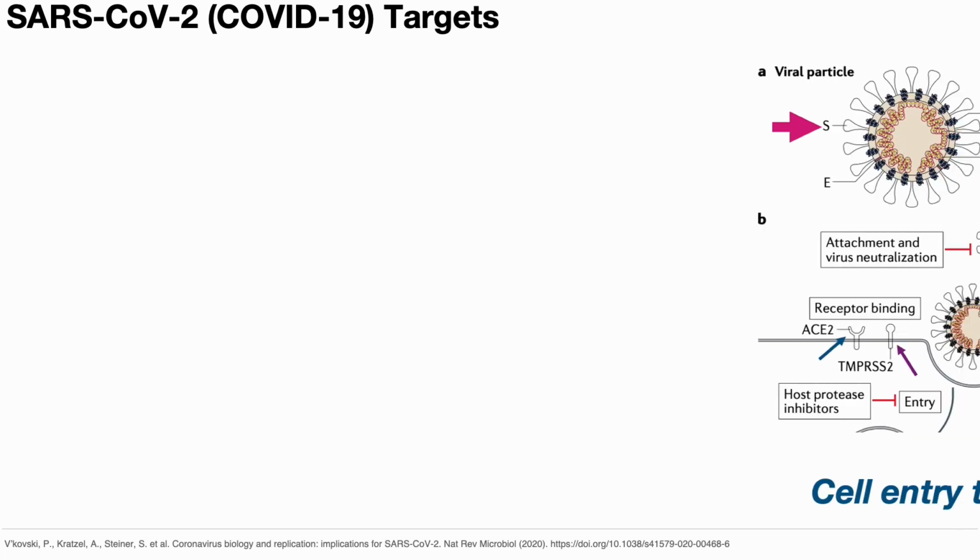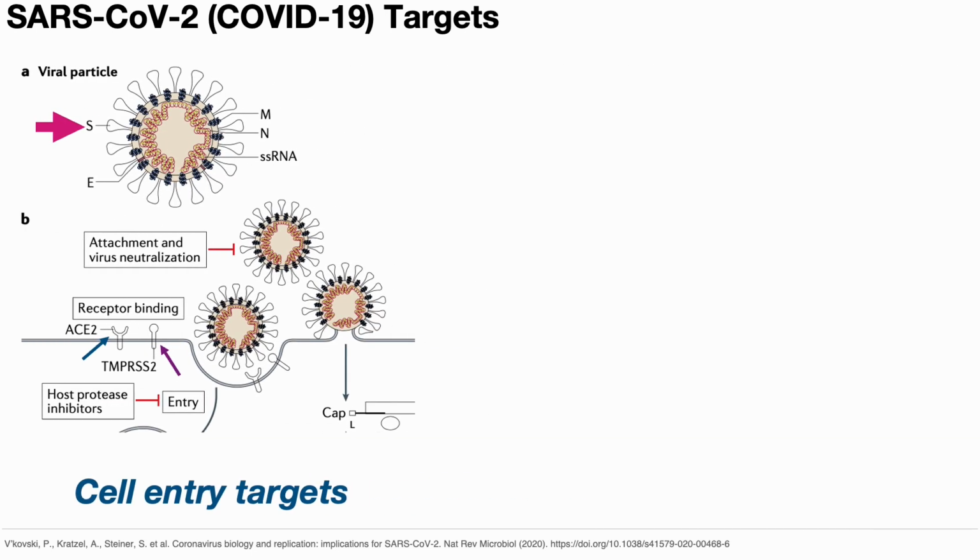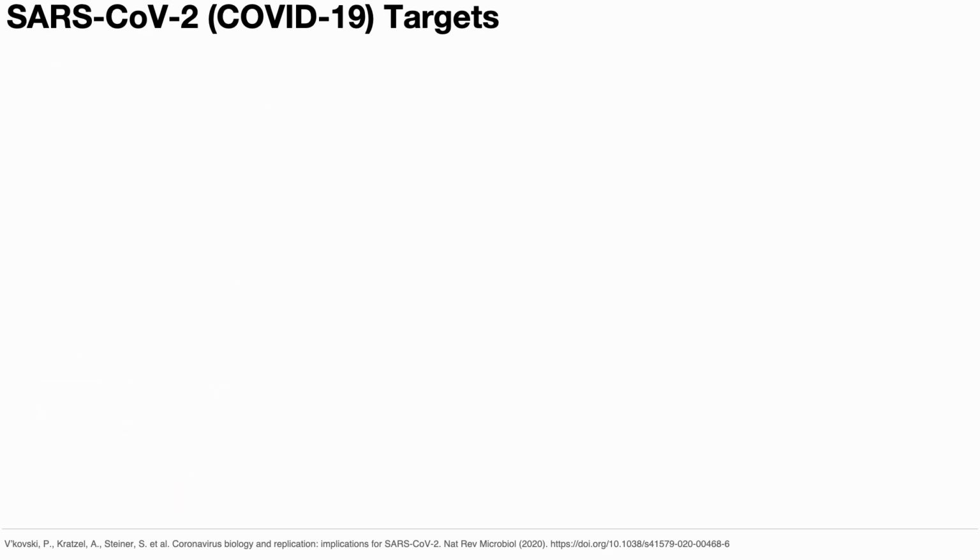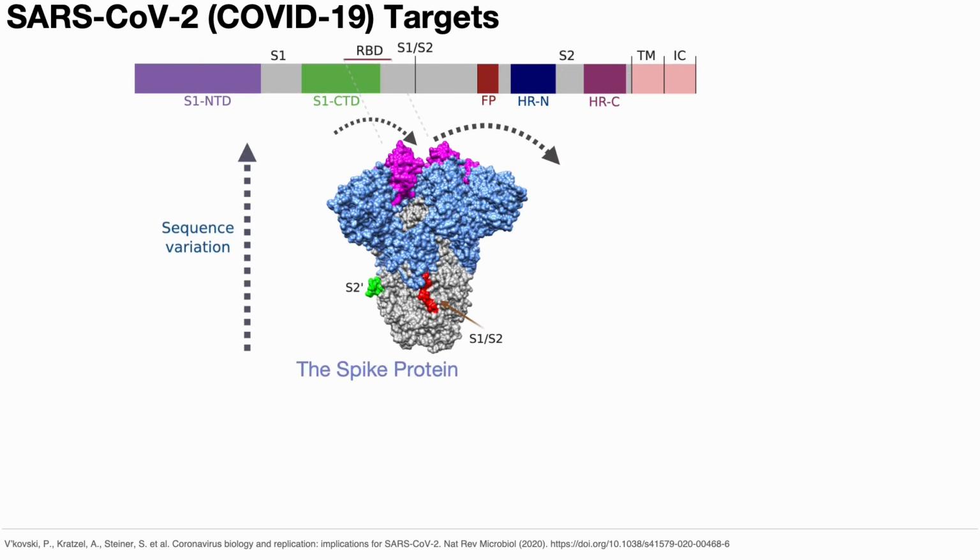In this work, we focus on the spike protein, which is responsible for interacting with the human ACE2 receptor and allows the virus to enter the cell. This spike protein presents an RBD region, which is mainly responsible for the binding mechanism with the ACE2 receptor.